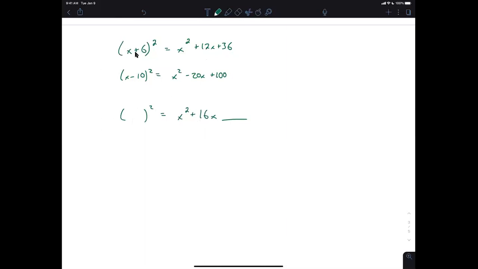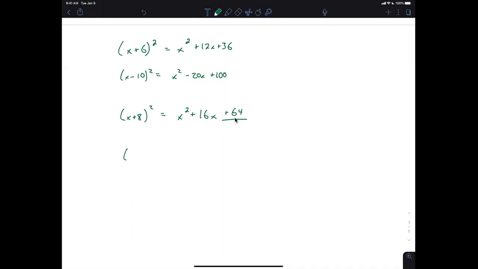Like x plus 6 squared gets you this, x minus 10 squared gets you this. What squared gets you these two? What do you guys think? X plus 8, yeah, x plus 8 squared. So x plus 8 squared gets you x squared plus 16x, but it also gets you what other term? What's the third term? 64, good.